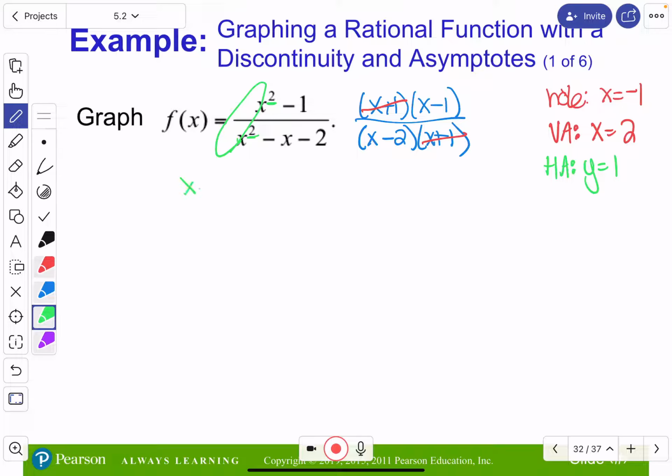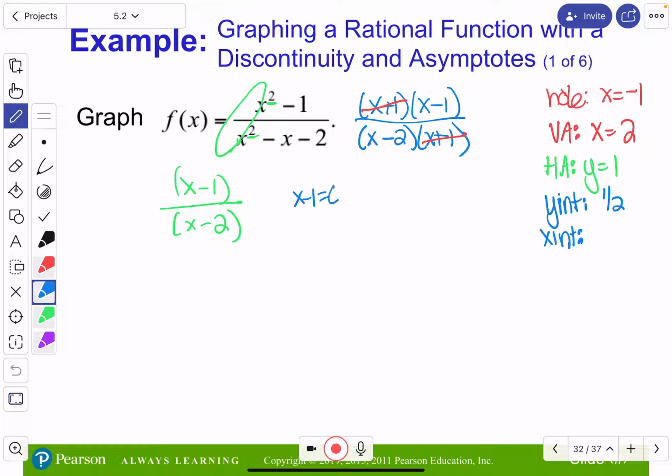Now we can use our reduced fraction to do the rest of this. So let's use that. So our y-intercept is when x equals 0. So we'd get -1 over -2, which is positive 1/2. X-intercepts are when the numerator equals 0. So x minus 1 equals 0. Our x-intercept would be 1.